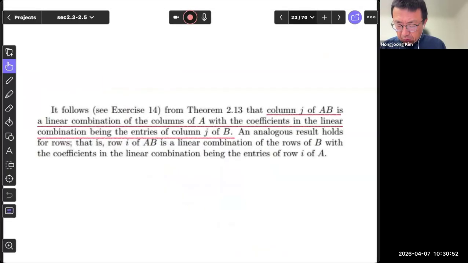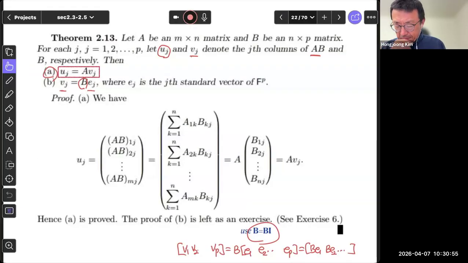Before we go to the next slide, we defined the multiplication of two matrices, where each matrix represents a linear transformation from one space to another, which maps a certain vector to the given matrix times that vector.